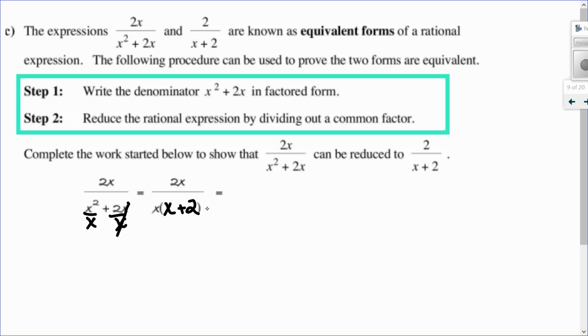So you can see now I have 2 times x in the numerator over, and remember when we have number and variable side by side, that just means multiply, x times x plus 2 in the denominator. So x divided by x is 1, and what I'm equal to is 2 over x plus 2, which is what I was trying to show was equivalent.